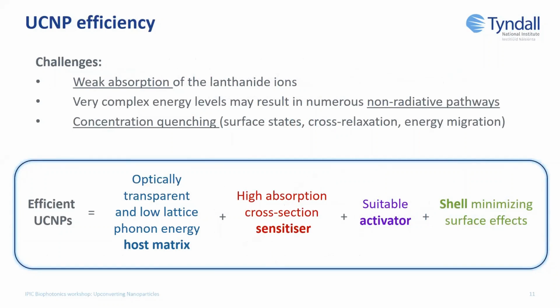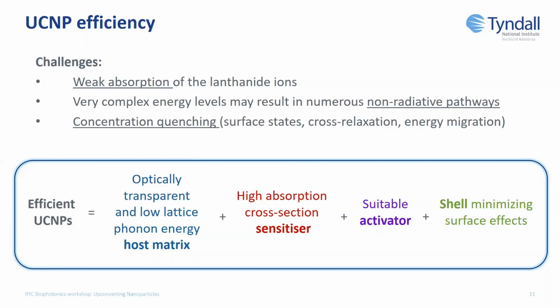Well, first of all, it's the weak absorption, and that comes from the fact that we have these 4F orbitals that are kind of buried underneath the other orbitals that I mentioned before. The other reason is that those very complex energy levels are beneficial for many reasons, because we can use them as the stepping ladder to achieve the upconversion, but they also create many pathways for non-radiative recombination.